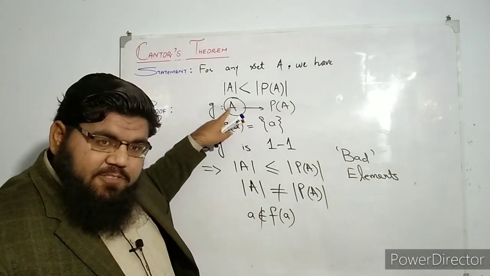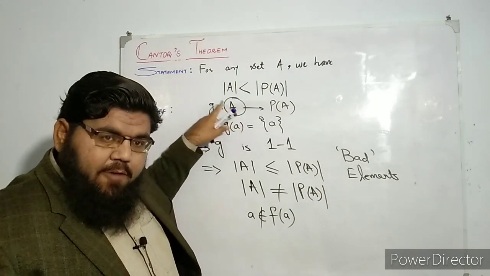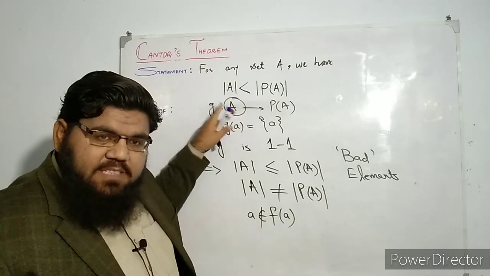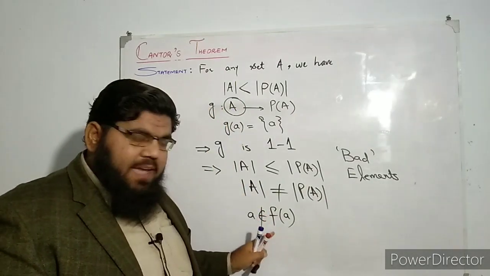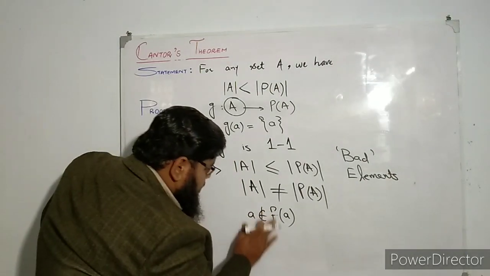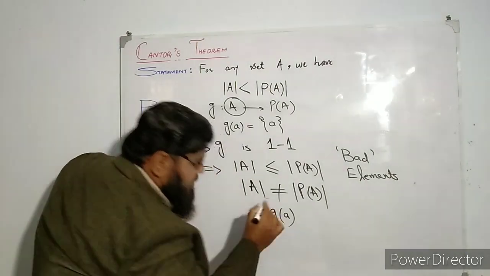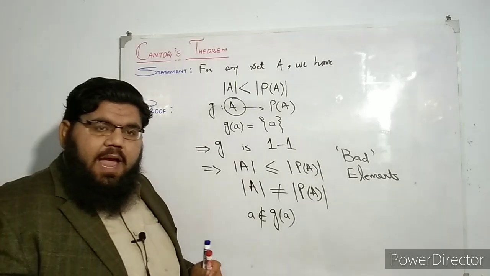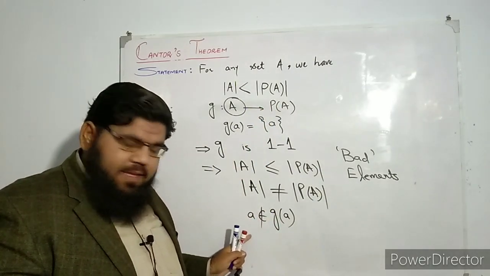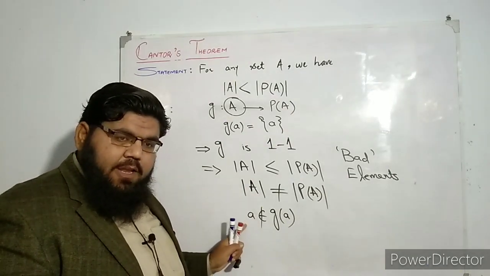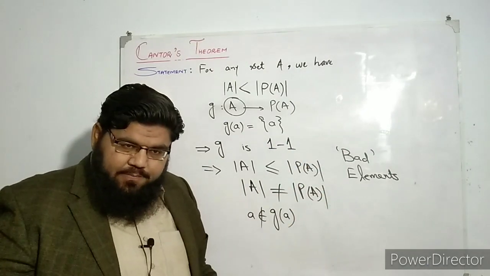Any element of this set A will be regarded as a bad element if, when you apply the function g on it, the resultant set does not include that element A, then you will call this element A a bad element.